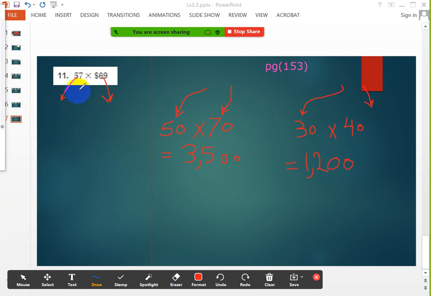Greater than 5. So what do I have to do? I have to add 1 to the tens, so it will be what? 6. And I will put 0 next to it in the ones digit, so it will be 60. Thank you, Shahad.